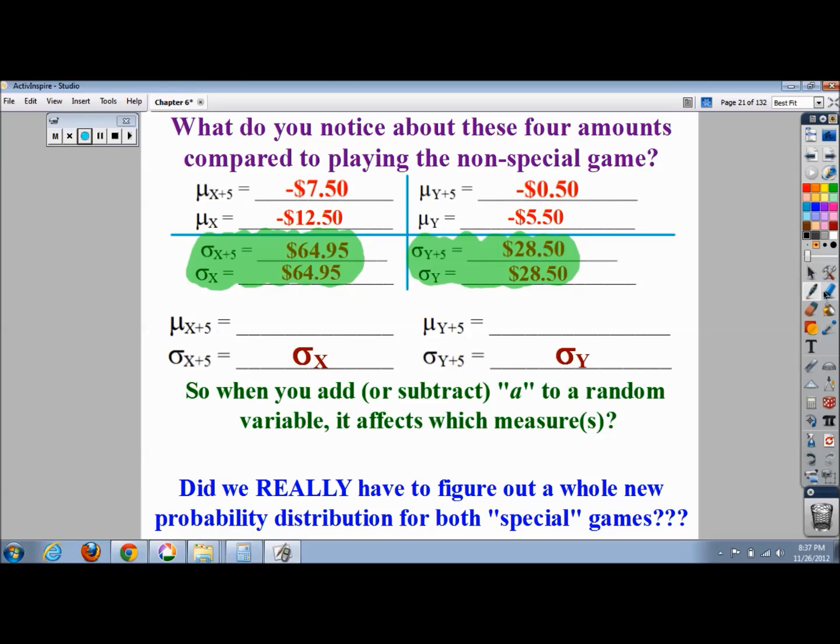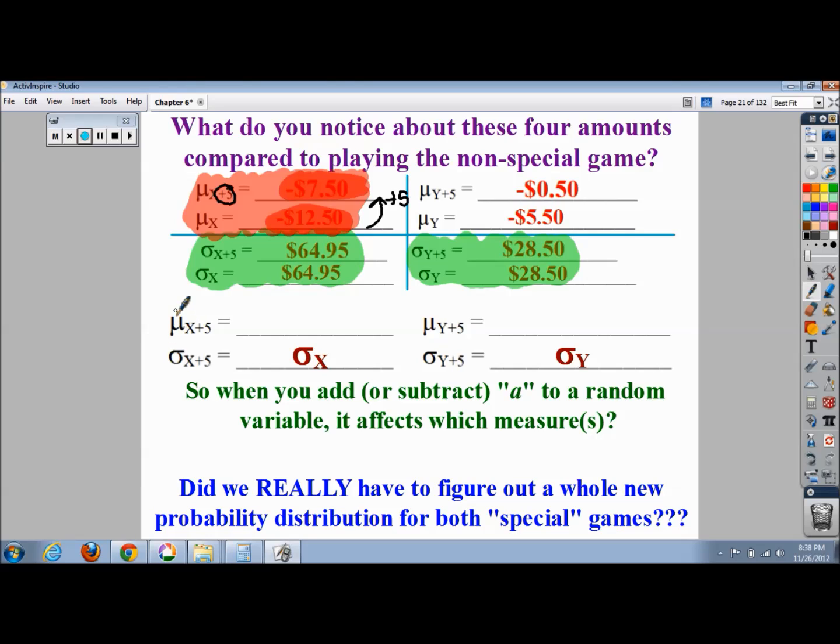But notice the means, they did change. But how much did they change by? What is the difference here between negative $12.50 and negative $7.50? Well, there's a difference of adding 5, which is that little difference right there.